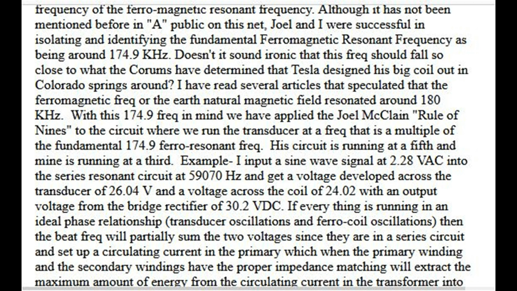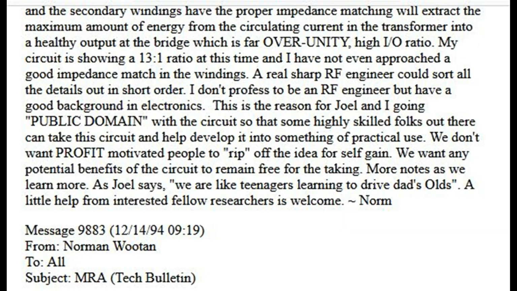If everything is running in an ideal phase relationship, transducer oscillations and ferrocoil oscillations, then the beat frequency will partially sum the two voltages since they are in a series circuit and set up a circulating current in the primary, which, when the primary winding and the secondary windings have the proper impedance matching, will extract the maximum amount of energy from the circulating current in the transformer into a healthy output at the bridge, which is far over unity, a high input to output ratio.